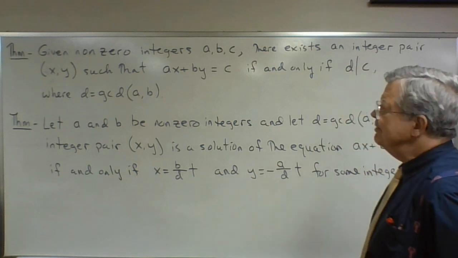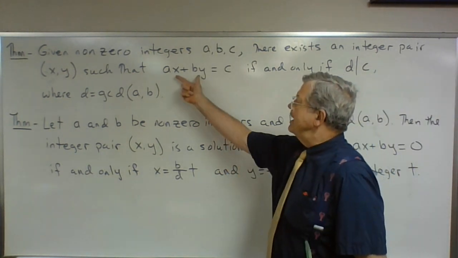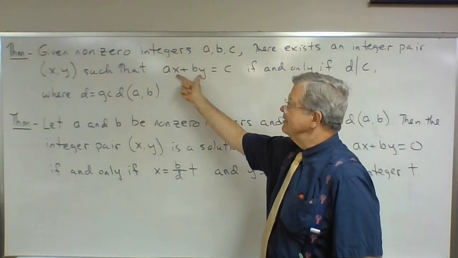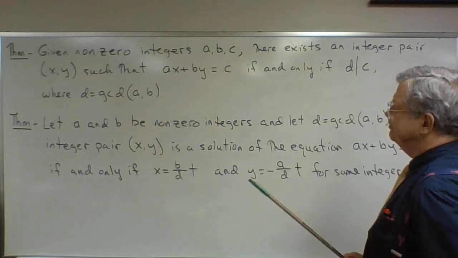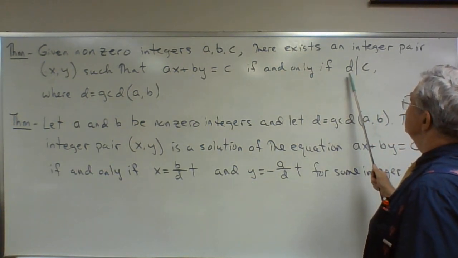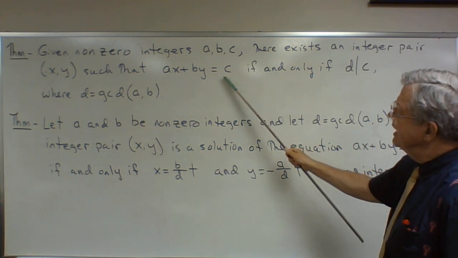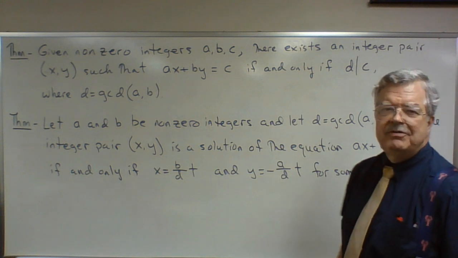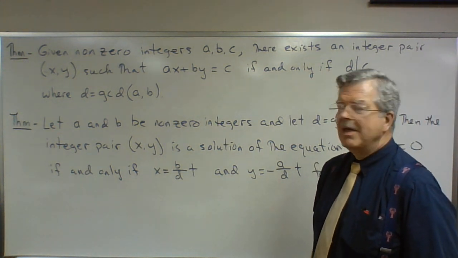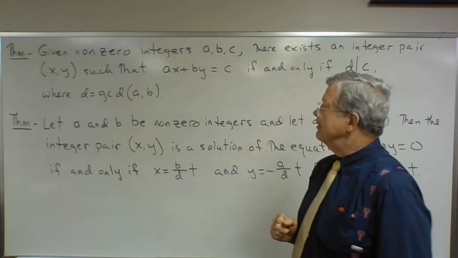And the theorem that we have tells us that this linear combination will exist exactly when the greatest common divisor of a and b divides c. And we've seen that before in one form or another.